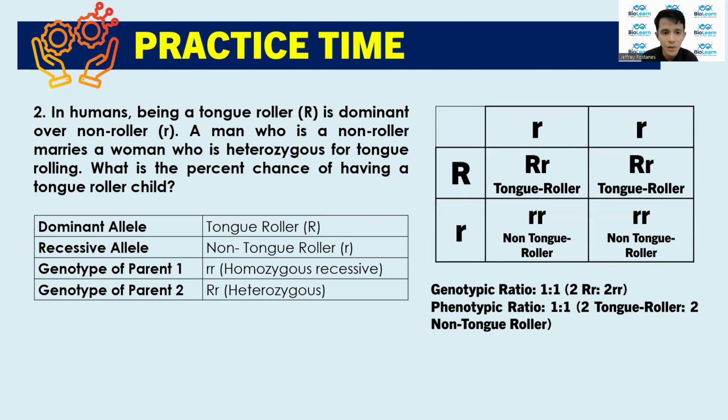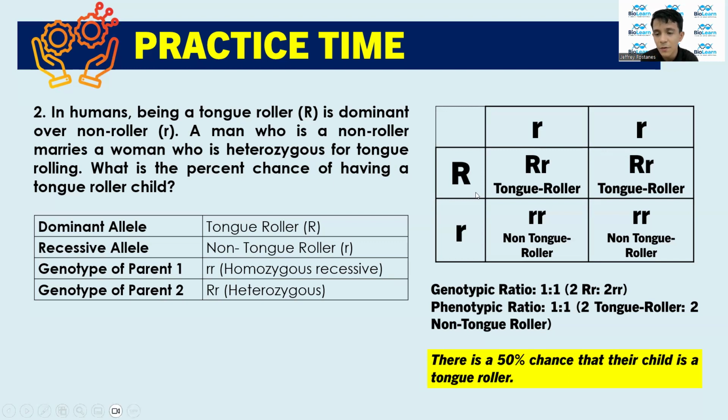Let's go back to the question. What is the percent chance of having a tongue roller child? Okay, so that must be 50%, because as you can see, 50% chance of having a tongue roller and 50% chance of having a non-tongue roller. Okay, so if you got that correctly, very good.